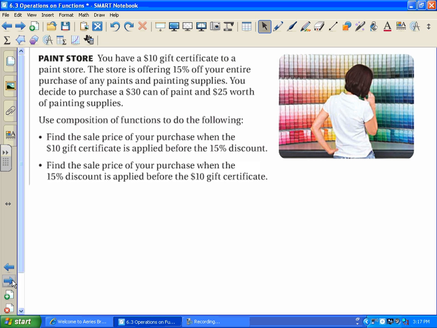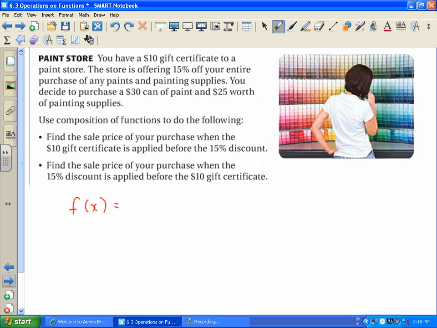Okay? So I'm going to look at this in terms of composite functions because that's what we've been talking about today. So I'm going to kind of write that down. My first function is going to represent the $10 gift certificate. So I'm going to say f of x is going to be the $10 gift certificate.